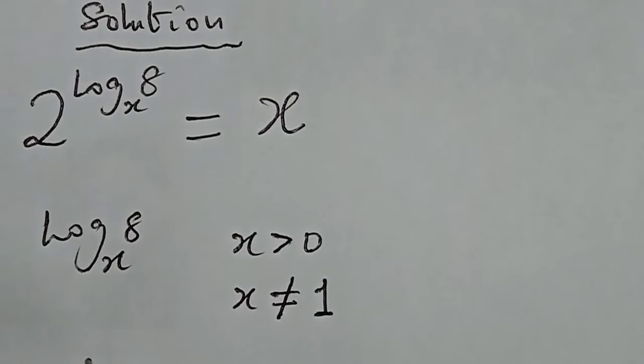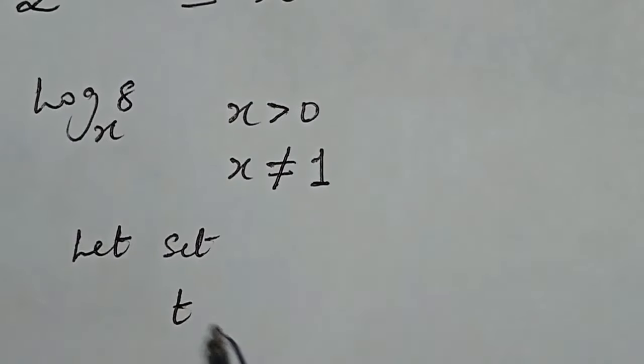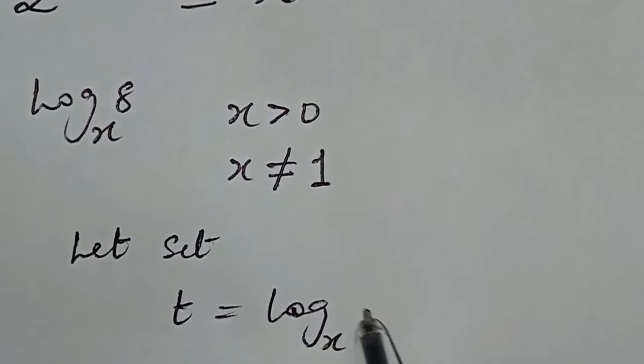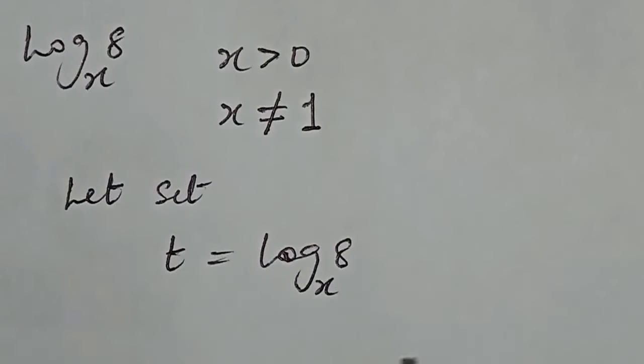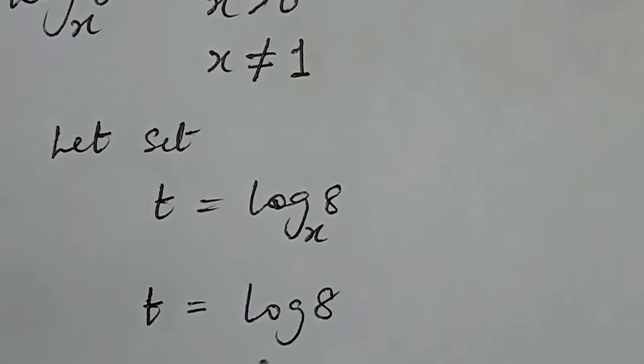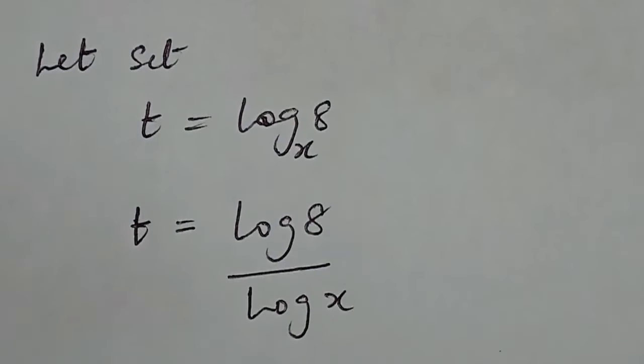So let's set t to be equal to log base x 8. Now from here, let's do some manipulation with this setting. So we now have t equal to log 8 over log x.